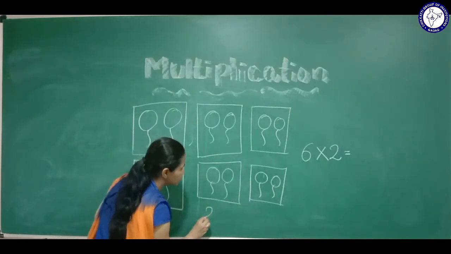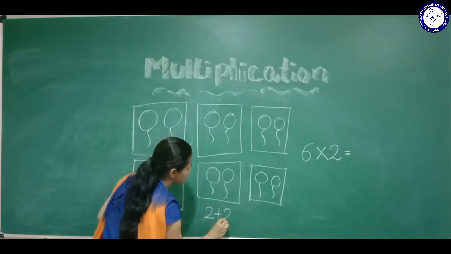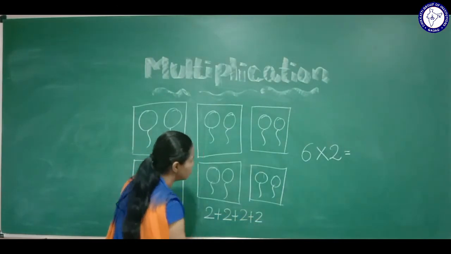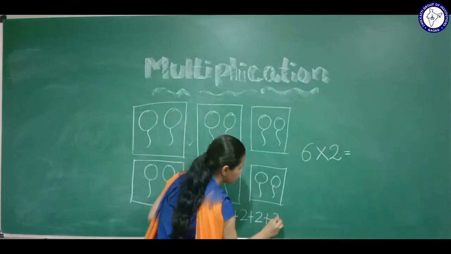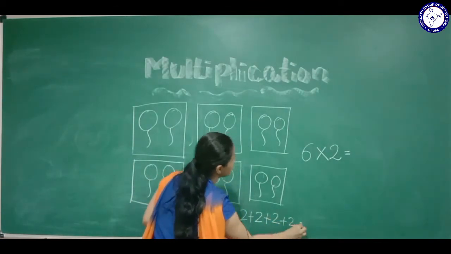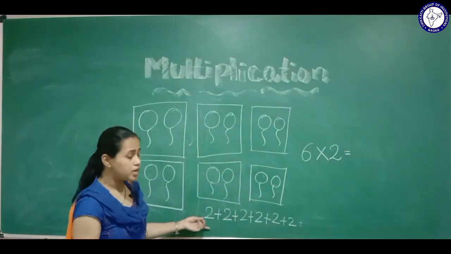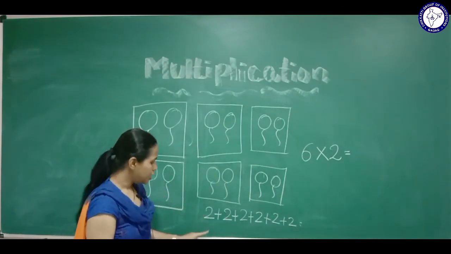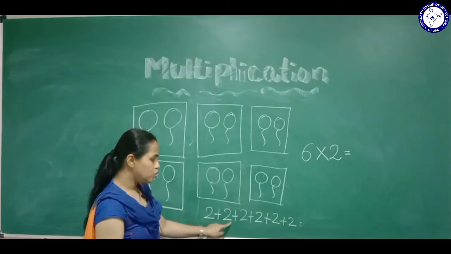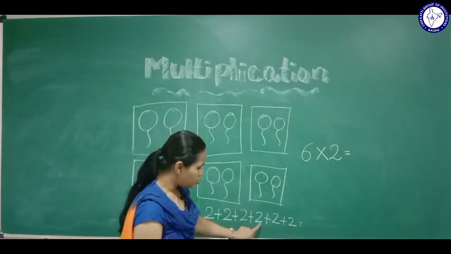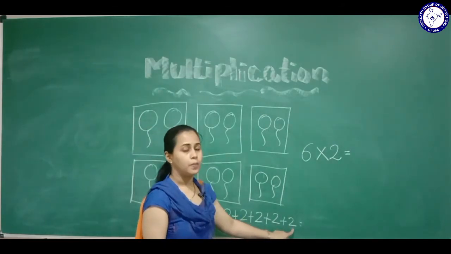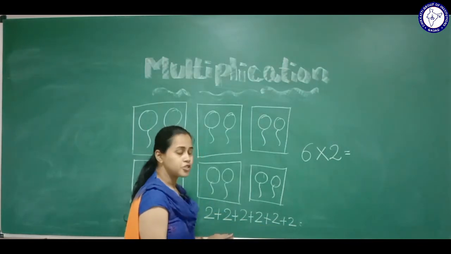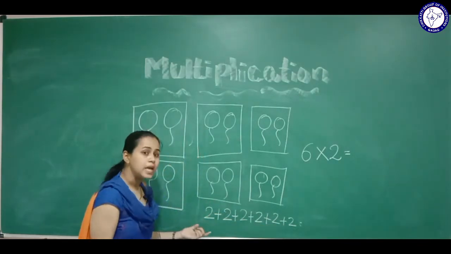So 2 plus 2 plus 2 plus 2 plus 2 plus 2. How many times did we write the same number? 6 times, because it has 6 boxes. This is repeated addition, right? We are repeating the same number here.